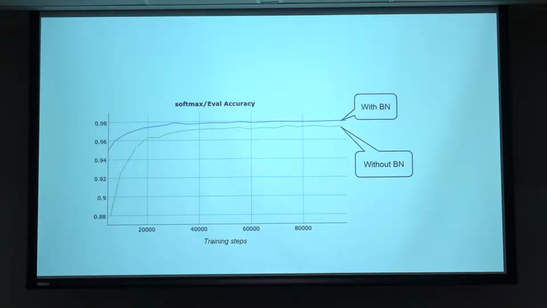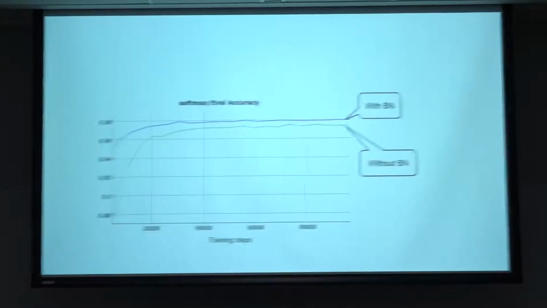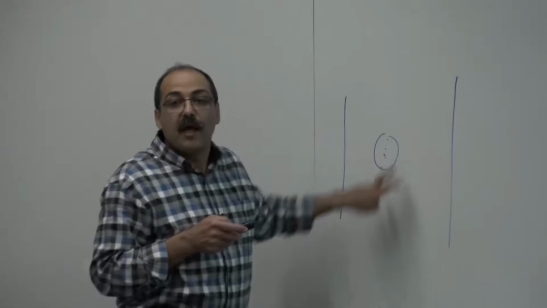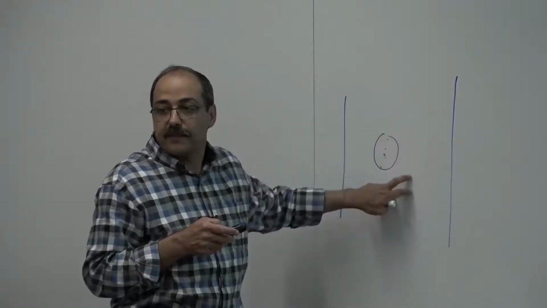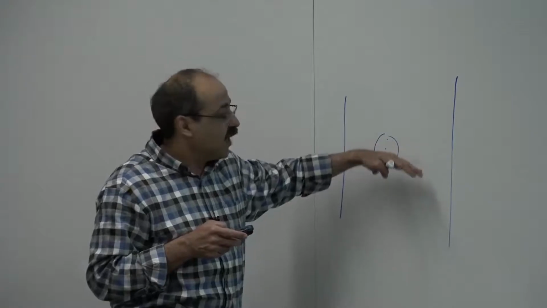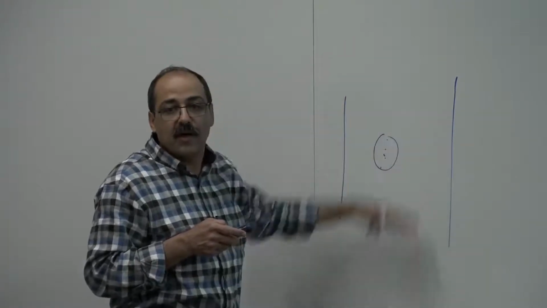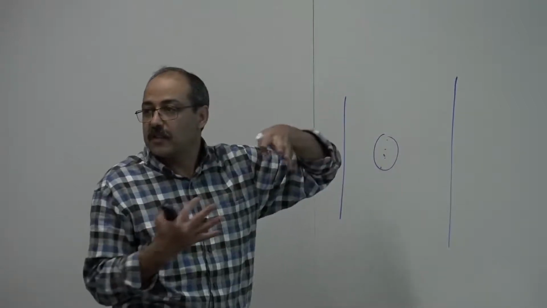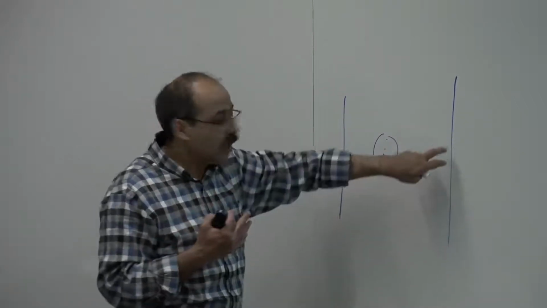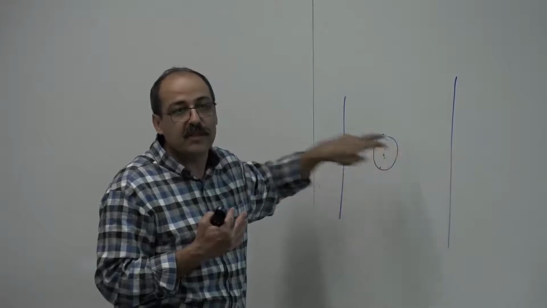It learns way faster, and intuitively it's clear why, because this hidden layer, when you don't have batch normalization, needs to learn a variable which varies a lot, but somehow you restrict the variation of this data here, so you help this layer to learn faster.